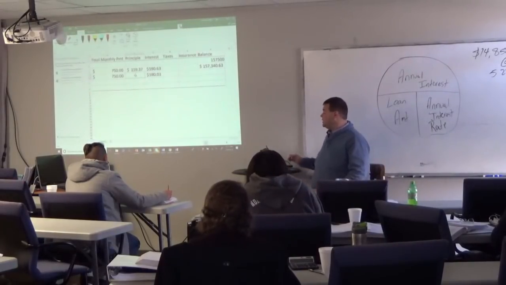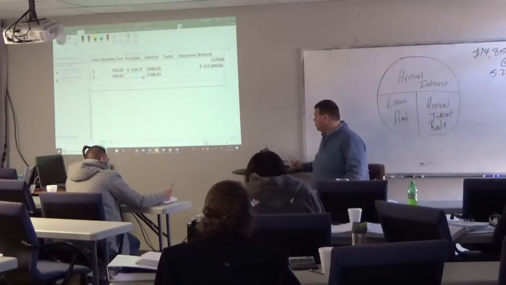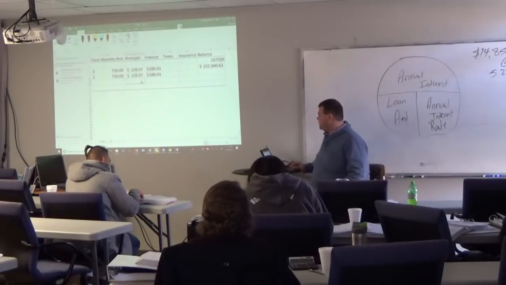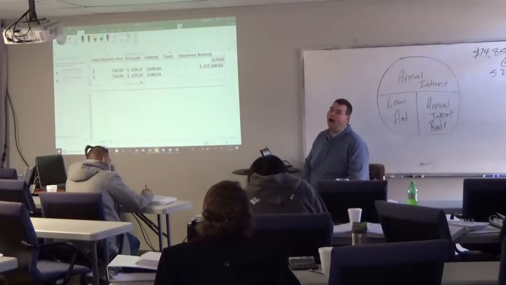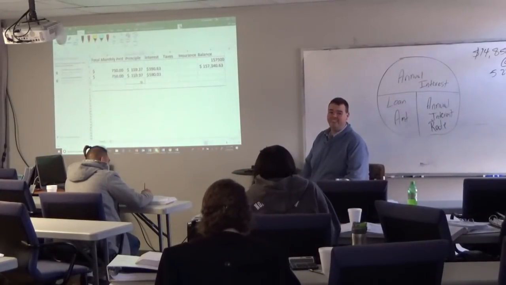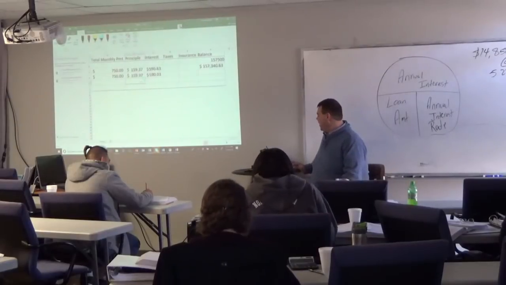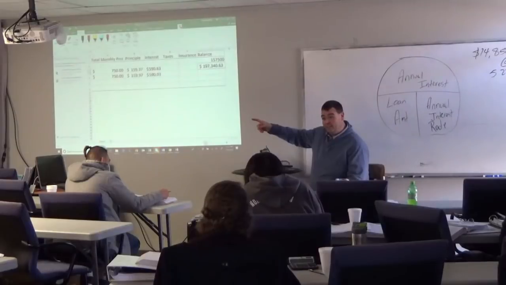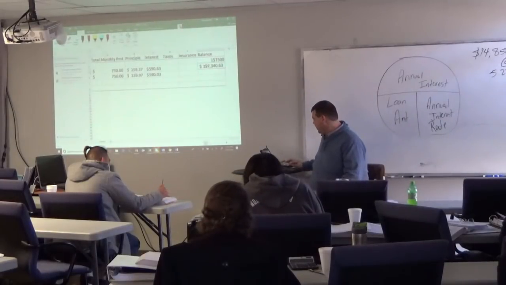But we're still making a $750 payment, so the principal is going to be $750 minus that $590.03. So the principal went up to a whopping $159.97 in month number 2. And my loan balance is going to be my balance from month 1 minus, right?